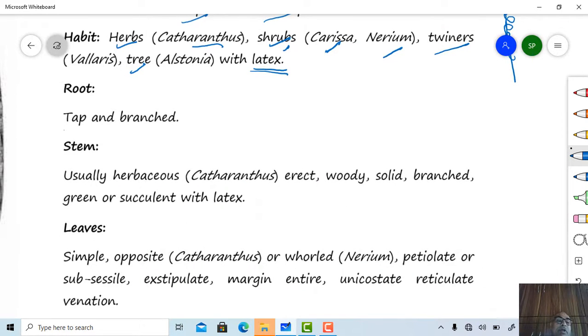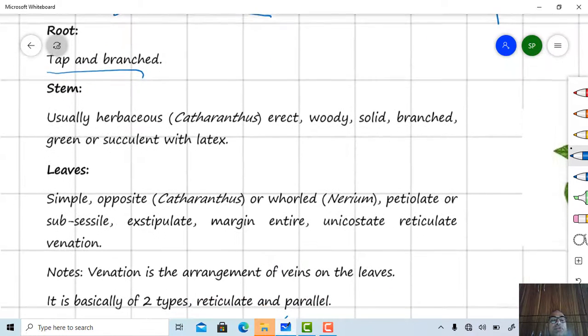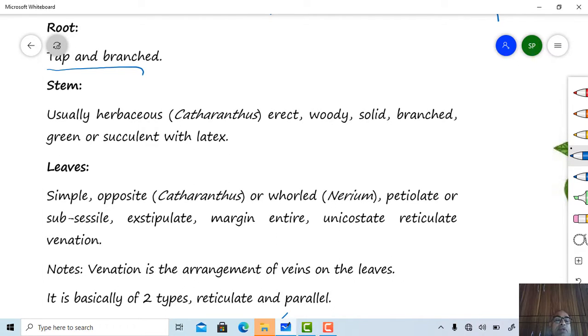As it is a member of dicot, tap and branch root system will be present. Just see the stem, usually herbaceous as well as woody. As the habit of the plant shows herb, shrub, tree, therefore the stem nature will be herbaceous as well as woody. It is an erect one.